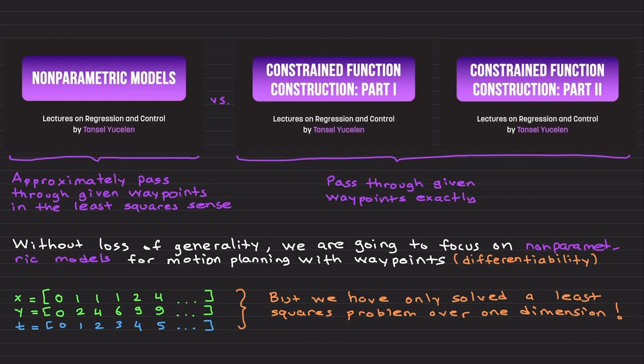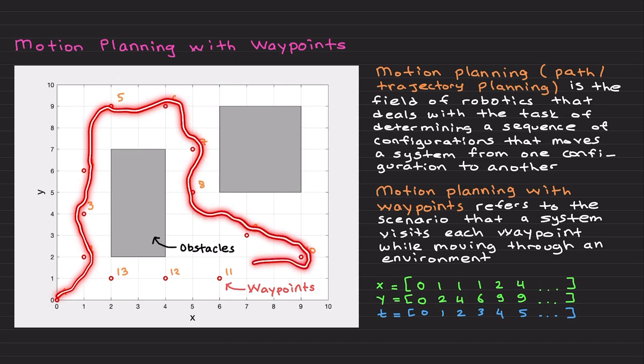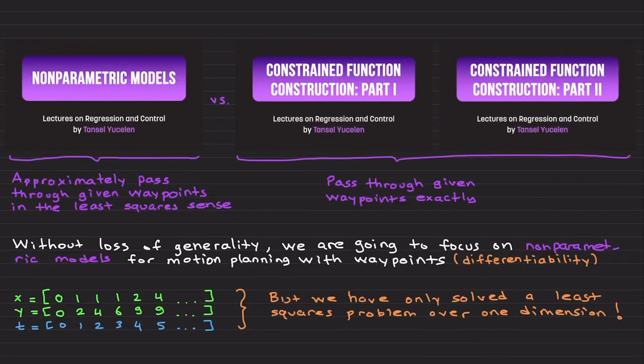Otherwise, in general, if this is a quadcopter flying through an environment, on a ballpark, you don't have to pass through exactly these waypoints. You can approximately pass. So in general, when I deal with such motion planning, I generally use non-parametric models. But if I really would like to pass, not approximately, but exactly through given points, I use constraint function construction.